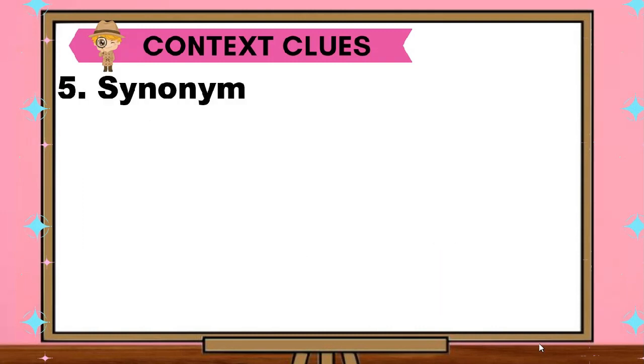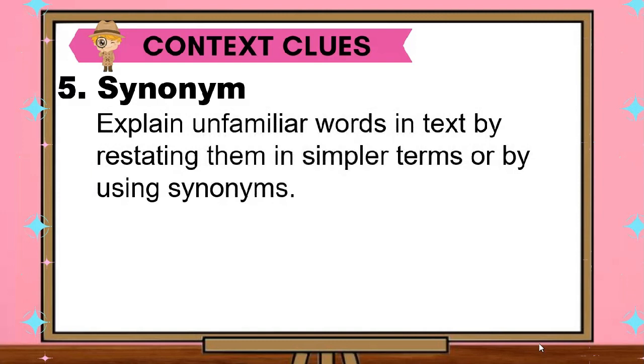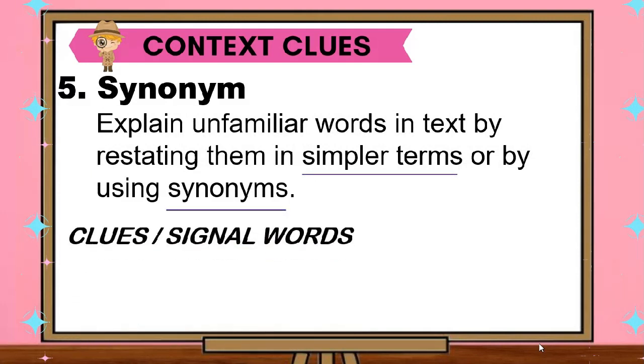Now, the last type of context clue that we are going to discuss is synonym. It explains unfamiliar words in text by restating them in simpler terms or by using synonyms. The most basic and perhaps helpful type of context clues are synonyms.